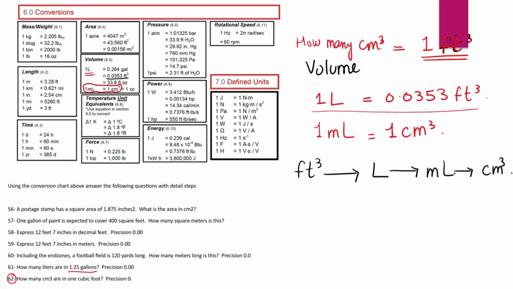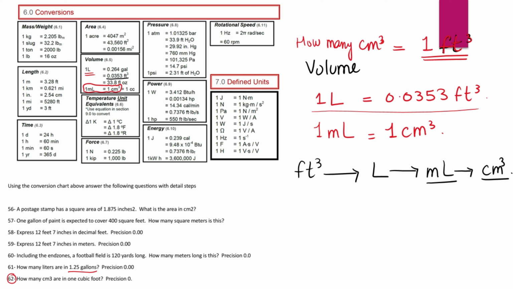We don't need to convert because milliliter is the same thing as centimeter cube, right? We have already seen that 1 milliliter equals 1 centimeter cube, so they both are the same unit. If someone is writing milliliter, you can also write centimeter cube.